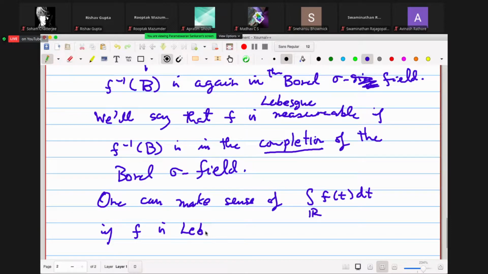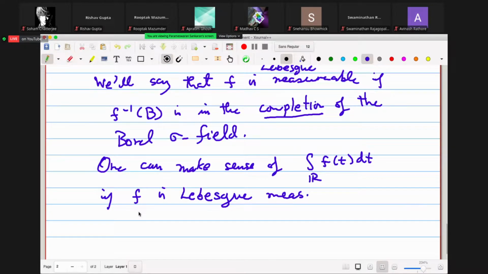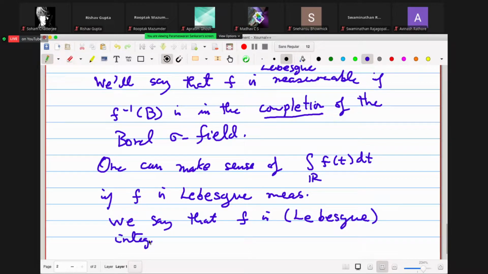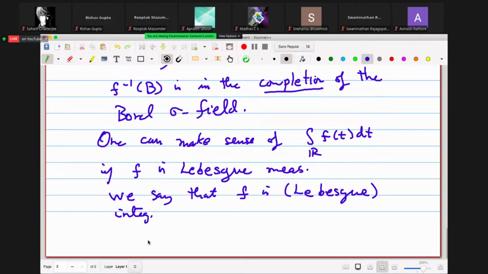But we say that F is, let me write in bracket, Lebesgue integrable. So integrability will always mean integrable in the sense of Lebesgue, if it is Lebesgue measurable.